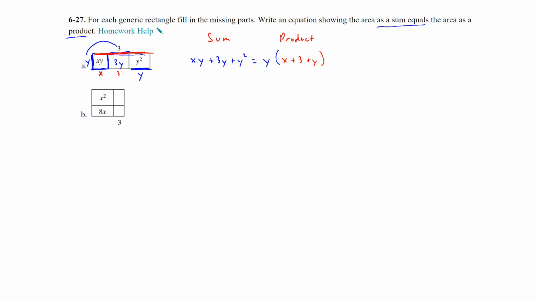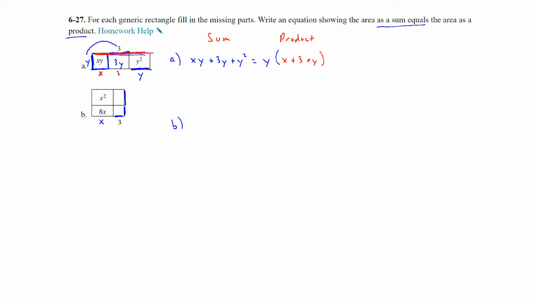All right, let's take a look at B. So on B, we have 3, and we don't know this side, and we also don't know this side. So to get 8x and x squared, how are we going to find what that side length is? Well, what you can look at is, what do these two things have in common? They both have an x.